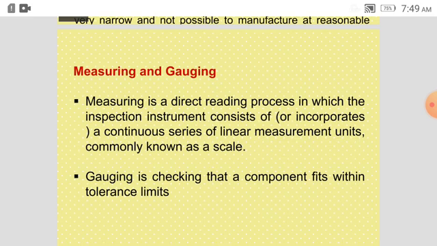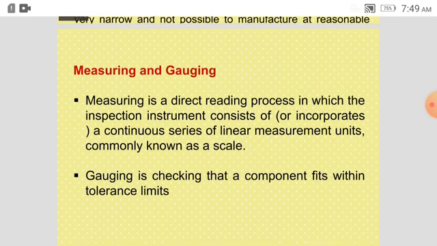Gauging is very useful, and we can check the dimensions rapidly. Measuring is a direct reading process in which the inspection instrument consists of a continuous series of linear measurement units. We have seen that with a scale or vernier caliper we can measure the dimensions and get the readings in numbers, commonly known as a scale.